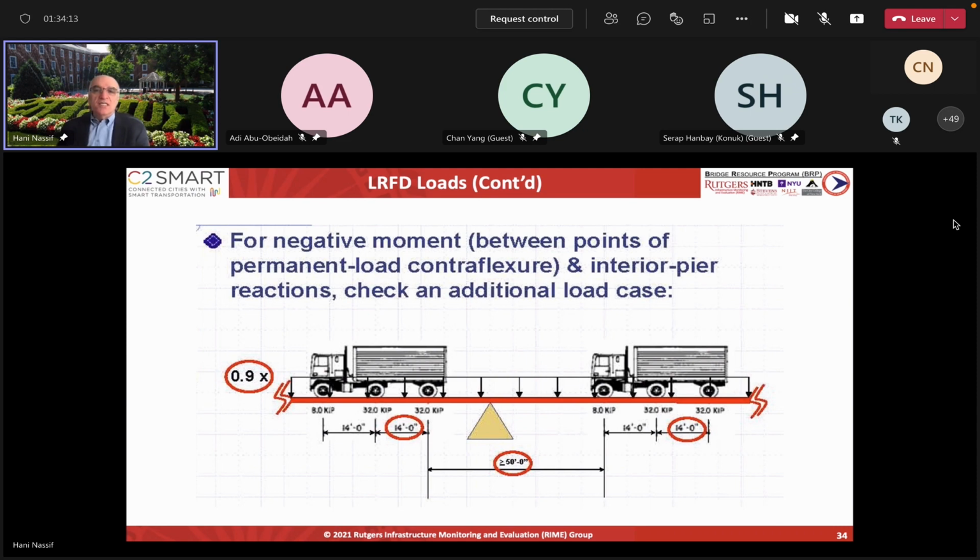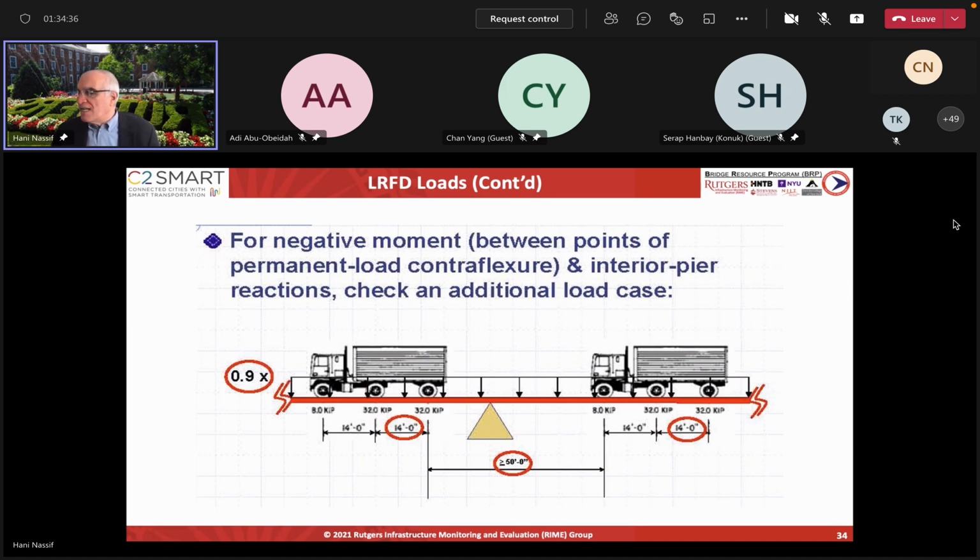For negative moment, one of the things that we tried to do at that time is that the single truck will not control, so you would have to have 2 trucks. And if you draw the influence line for the moment, I think I can write with this one here. Let me use the pen, sorry.